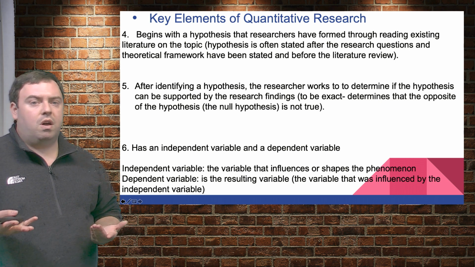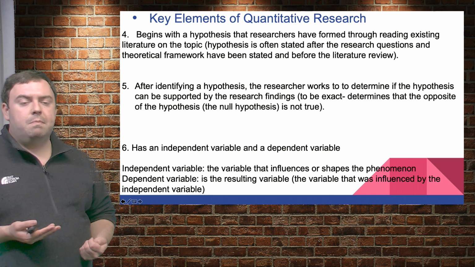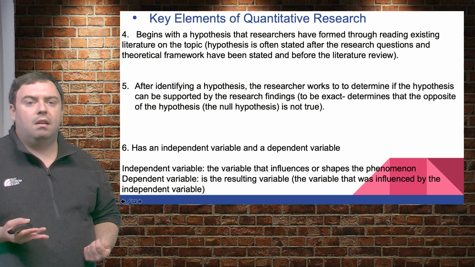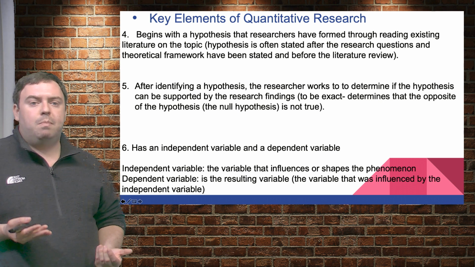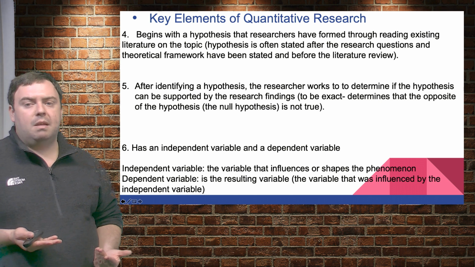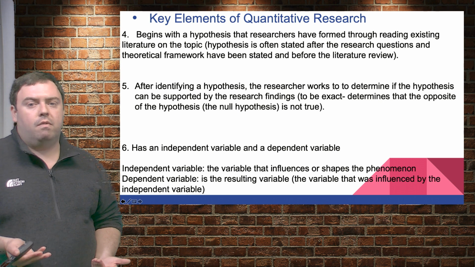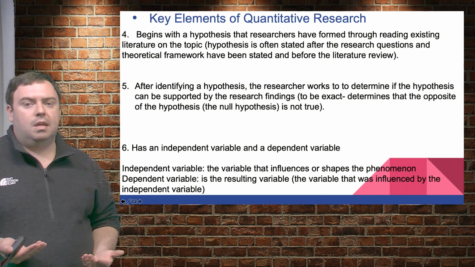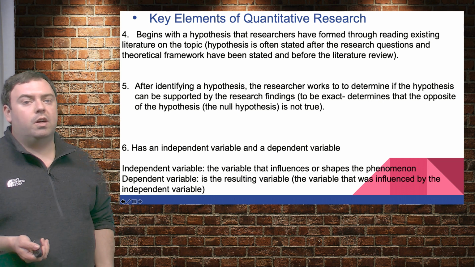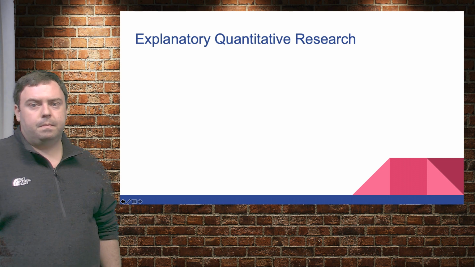It's affecting whether or not the relationship occurs and to what extent. And then the dependent variable, like the name implies, is dependent upon how the independent variable works. Another term for it could be the resulting or the outcome variable. Its outcome is based off of how the independent variable functions in a quantitative research study.